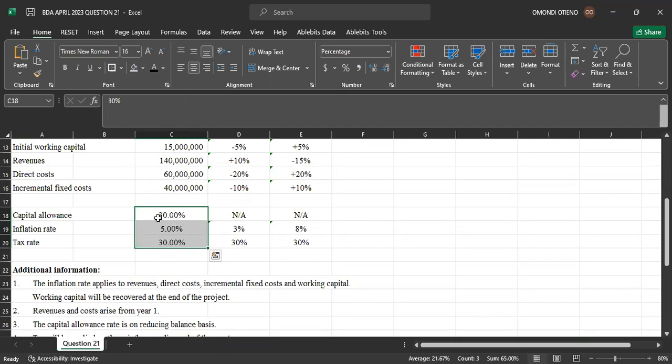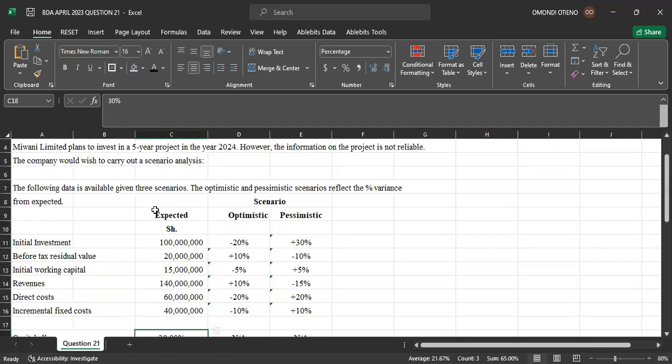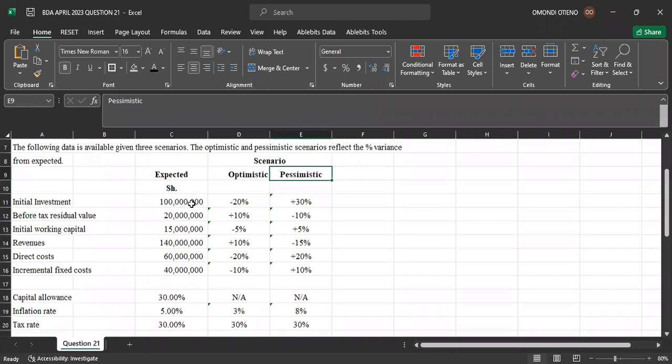So for us to understand this and now be able to do the optimistic and pessimistic scenario or case, let us do everything under expected. And then from that point, I will now be able to show you how to just do adjustments and then complete everything.